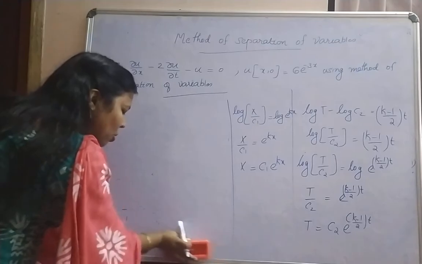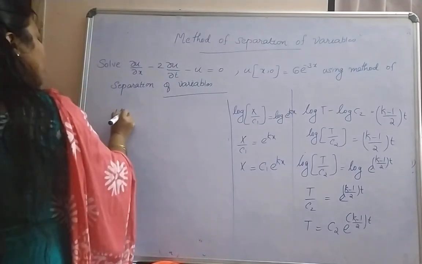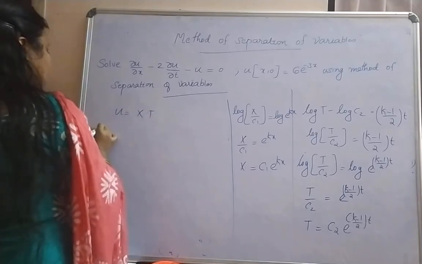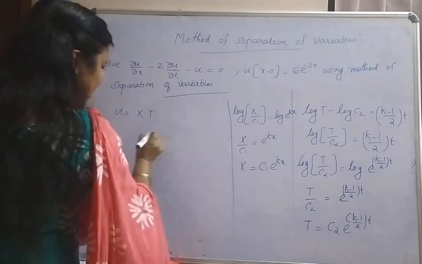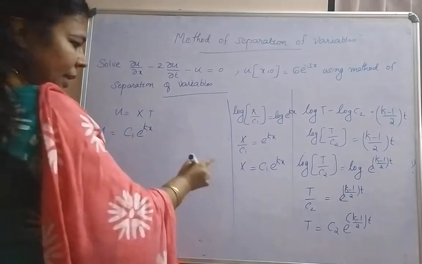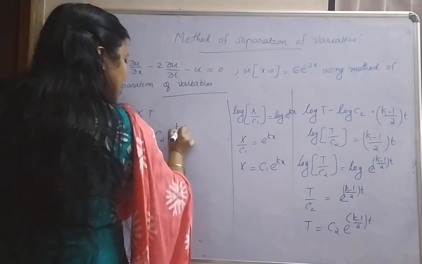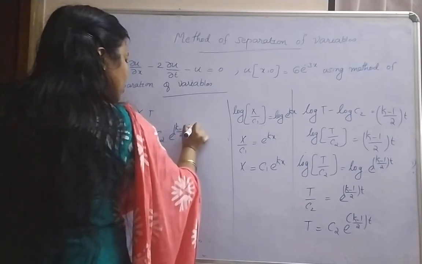Now the solution of the given equation can be written as u equal to XT. Here X is c1 e raised to kx, and T is c2 e raised to (k minus 1)/2 t.